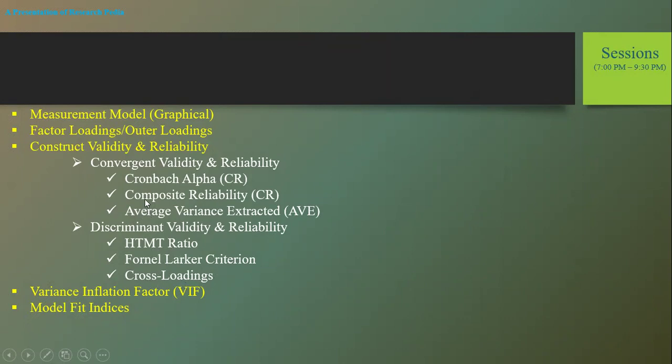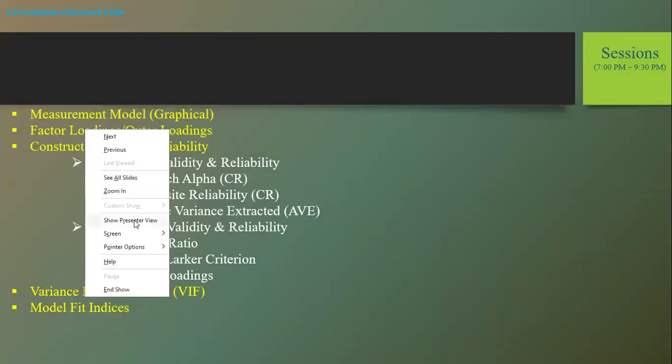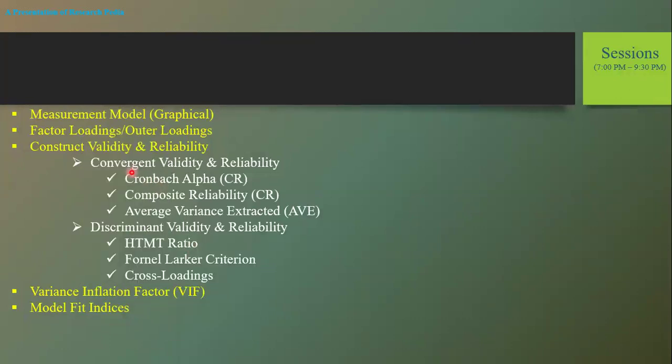So what is the difference between convergent validity and reliability and discriminant validity and reliability? There is a slight difference. When you want to analyze the construct's reliability and validity internally, it means you are comparing a construct by itself. You are basically referring to convergent validity and reliability.